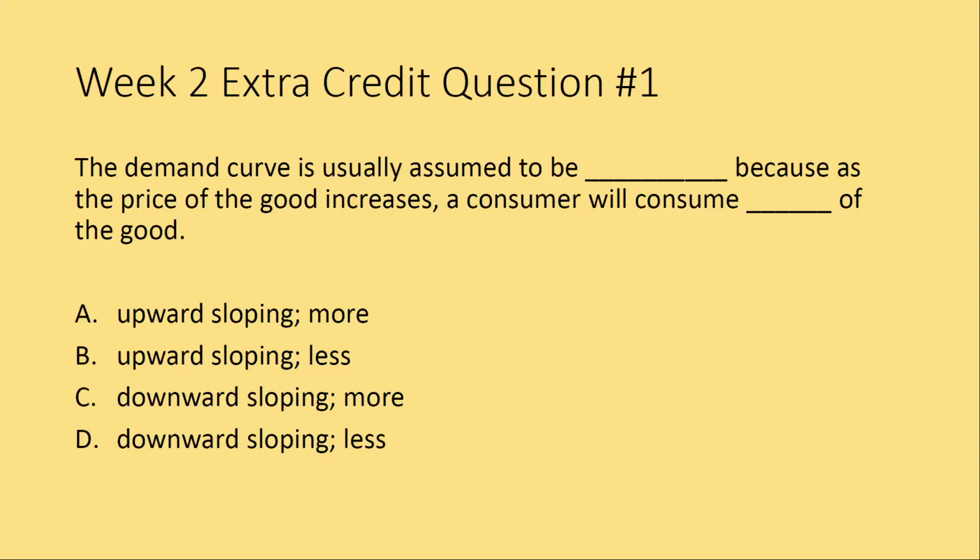So let me read the question. The demand curve is usually assumed to be upward sloping or downward sloping because if the price of the good increases, the consumer will choose to consume more or less of the good. So you can submit your answer on iLearn to earn extra credit.